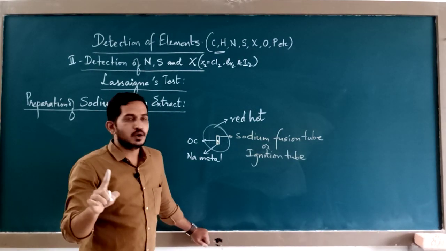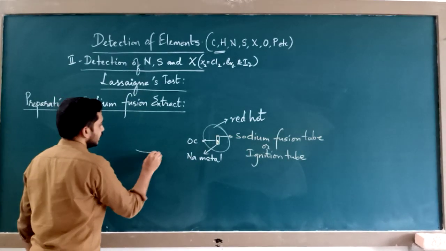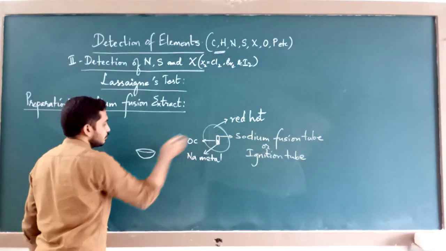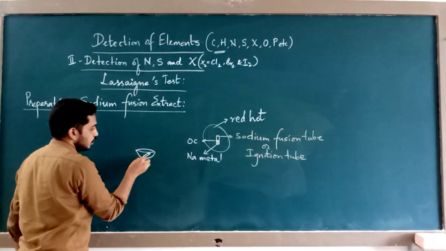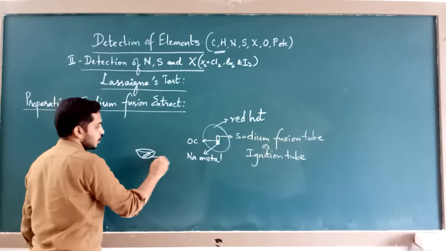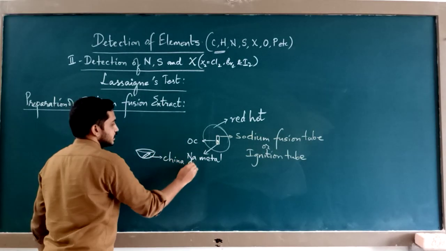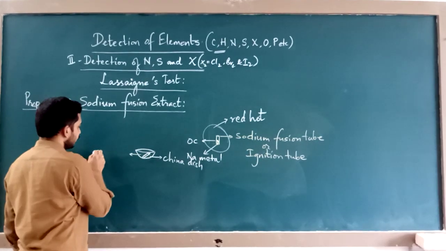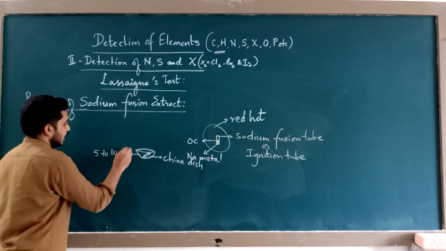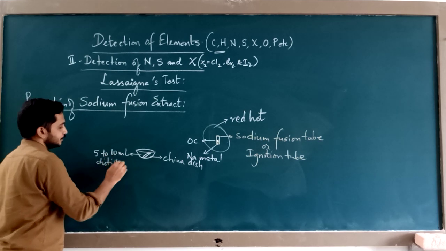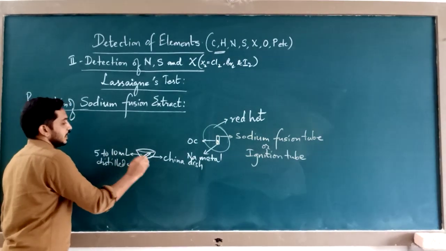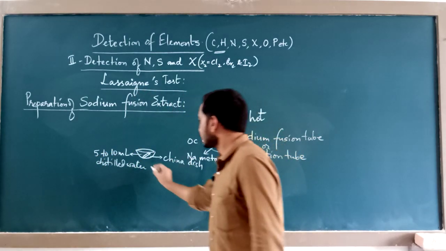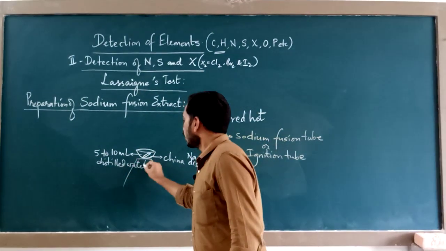Once it becomes red hot, immediately drop this sodium fusion tube into a china dish containing 5 to 10 ml of distilled water, kept already for boiling.